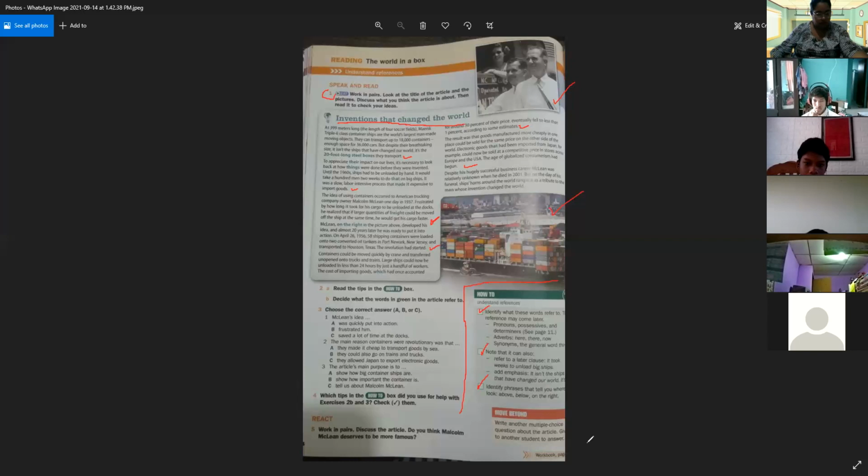But on the day of his funeral, ships' horns around the world rang out as a tribute to the man whose invention changed the world. Okay, thank you, Christina.